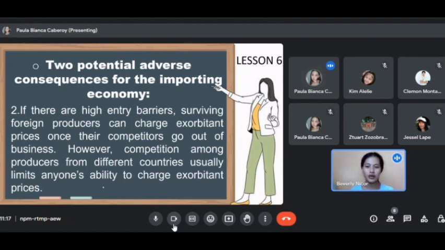However, competition among producers from different countries usually limits anyone's ability to charge exorbitant prices. When there are high entry barriers, only a few foreign producers can enter the market. This allows them to charge higher prices, but competition from other foreign producers prevents them from charging exorbitant prices.